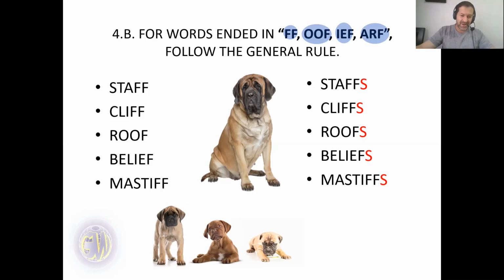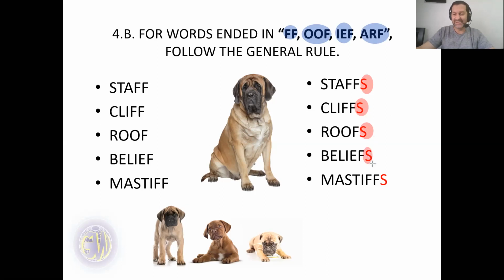Well, so we have staffs, all right, which means staff like personnel in a company. Sometimes you can talk about bastón, or you can talk about a specialized group of something, staff of lawyers, un staff de abogados. Cliffs, how can I translate that into Spanish? Un acantilado, un precipicio que da al mar. Roofs, techos.